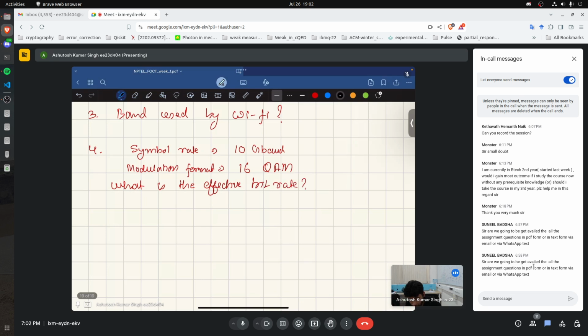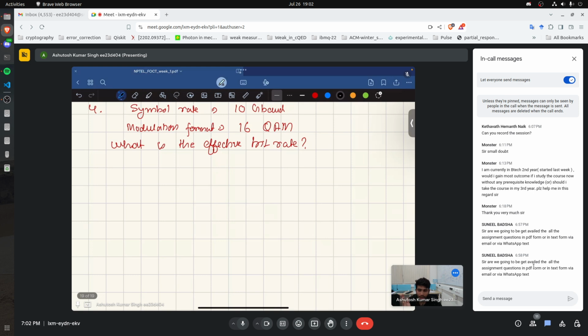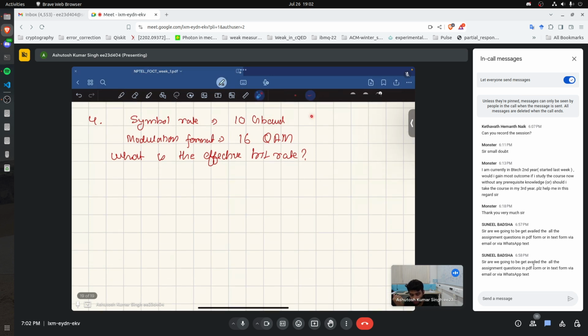Now the way to answer this question is, whenever you are attempting any numerical question, the first thing you should do is write all the information that is given to you, which I have done here. This is question number 4 in your assignment sheet. Now I try to relate it with a formula I know that contains these quantities.